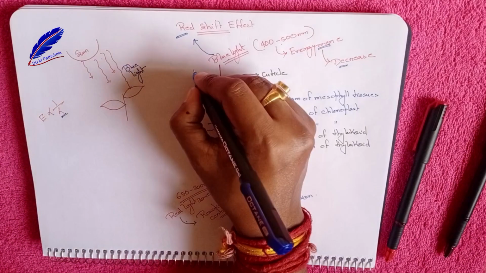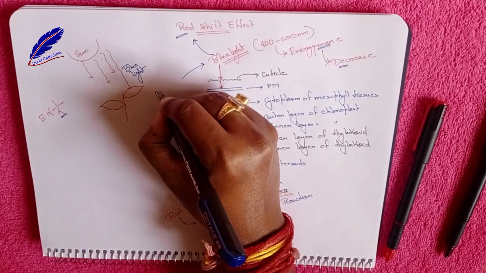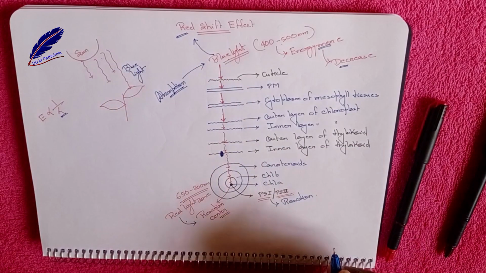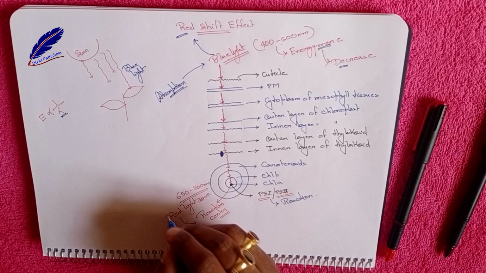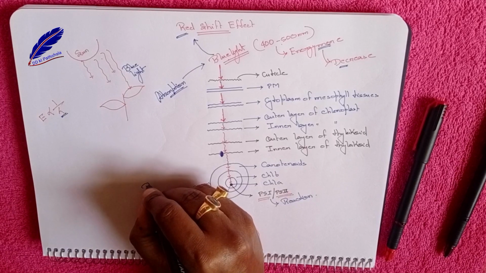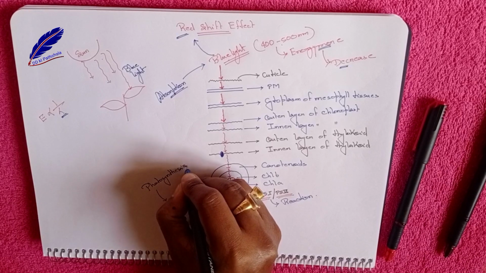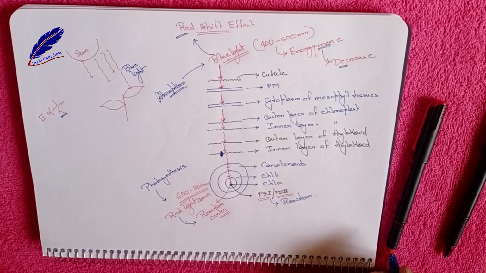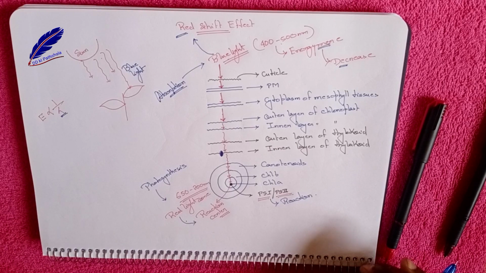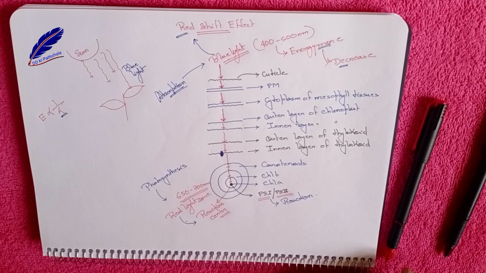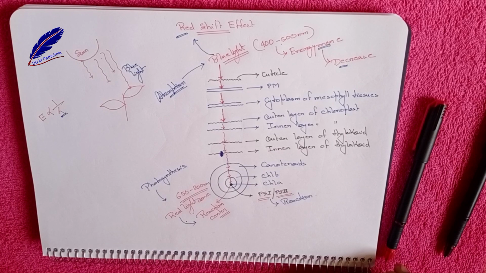That is why absorption takes place in the blue light zone, while the action, that is photosynthesis, takes place in the red light zone. I think all of you have understood why absorption maximum occurs in the blue light zone and action maximum occurs in the red light zone.